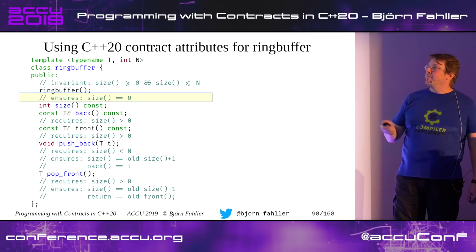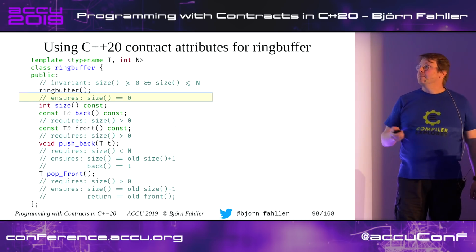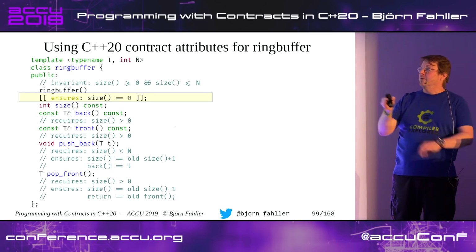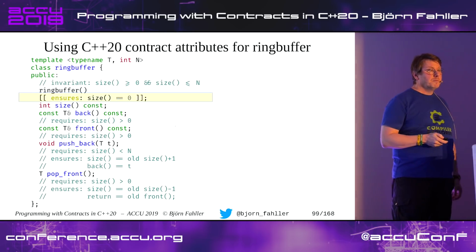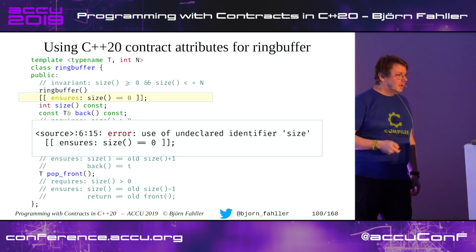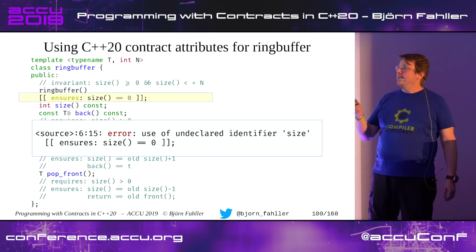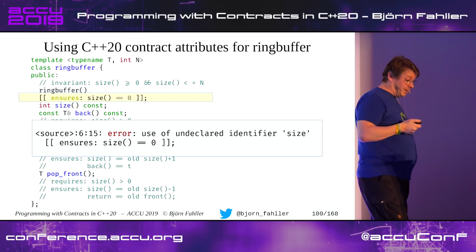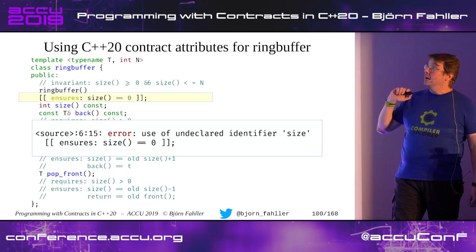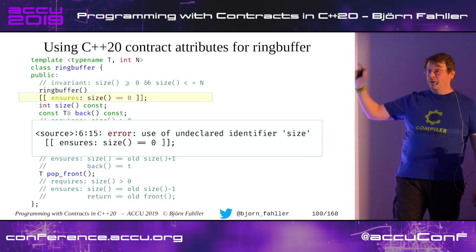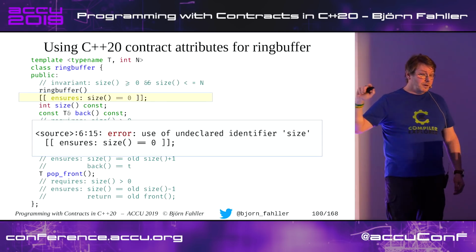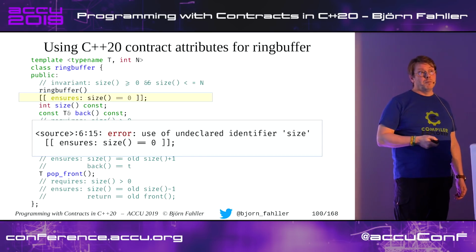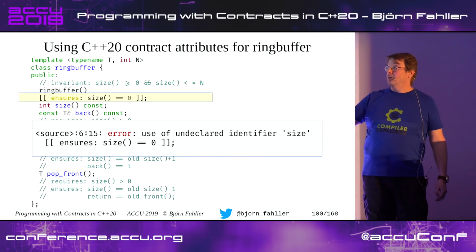Ensures. Well, we change it to the contract attribute, say, ensures colon size equals 0. Good. Except this is, I'm really not certain about myself here now. There is a proof of concept implementation forked from Clang 6 that has these.